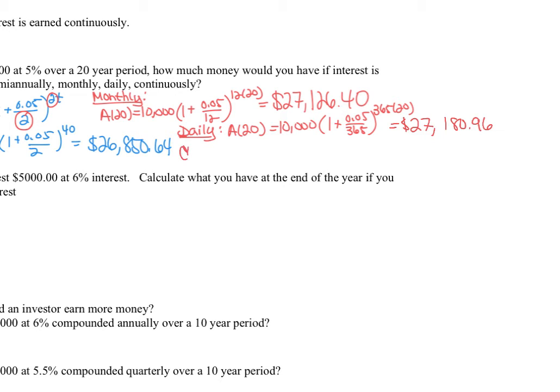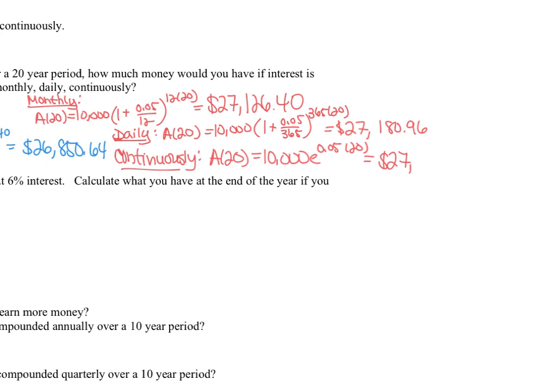And then finally we have continuously. So we have my initial amount times e to the rate times my time. And that is $27,182.82.